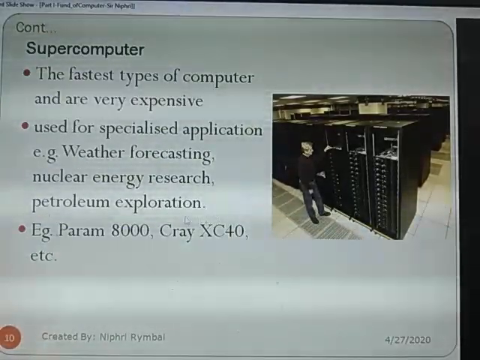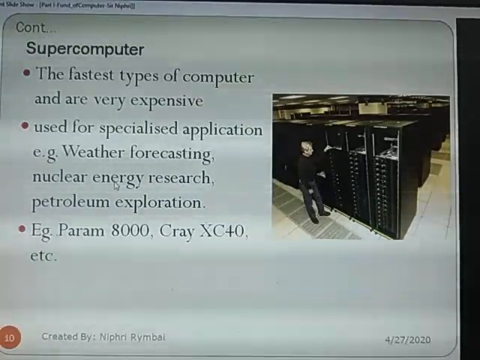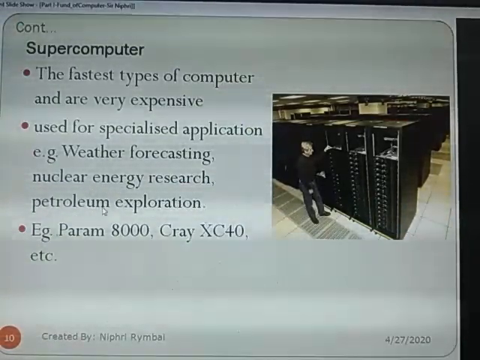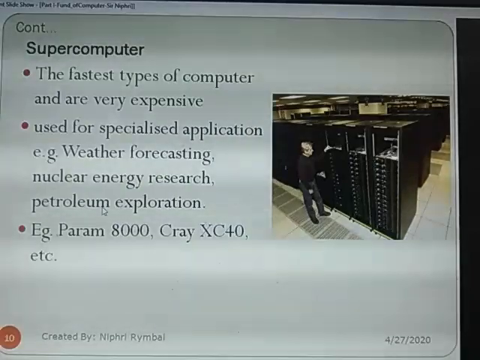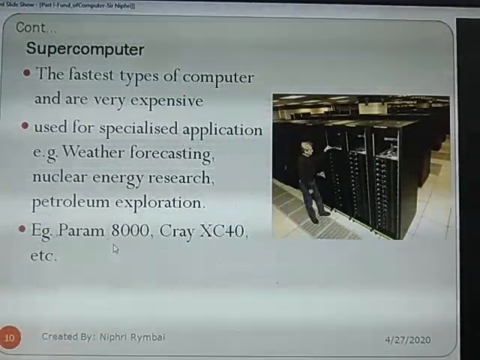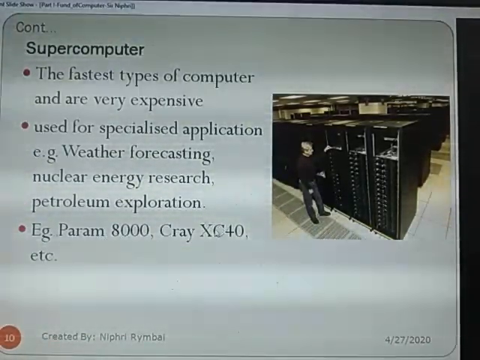Mainly they are used for specialized applications like weather forecasting, nuclear energy research, and exploring oil in some areas or locations before it is to be dug out. Some of the examples I have given here are the supercomputers in India like Param 8000, and then Cray XC.